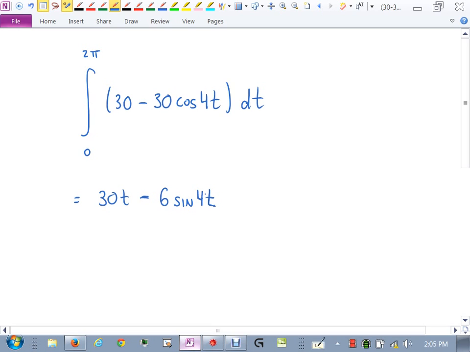Oh, wait a minute. Hold on. Yeah? Is that right? 30 over 4. I don't know why I was thinking 30 over 4. 15 halves, whatever. Sine 4t, and then 0 to 2 pi. Oh, wow. Look what's going to happen. When you plug in 2 pi or 0 into this, it's going to be 0. So all you're going to get is what? 30 times 2 pi, which is 60 pi.